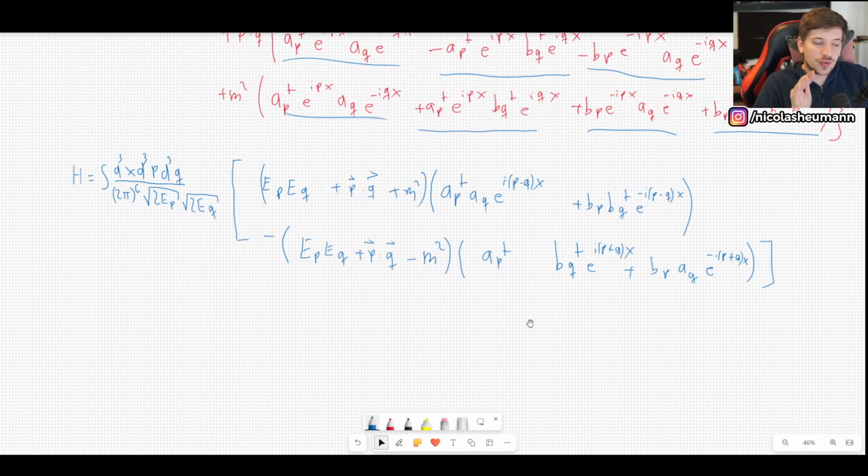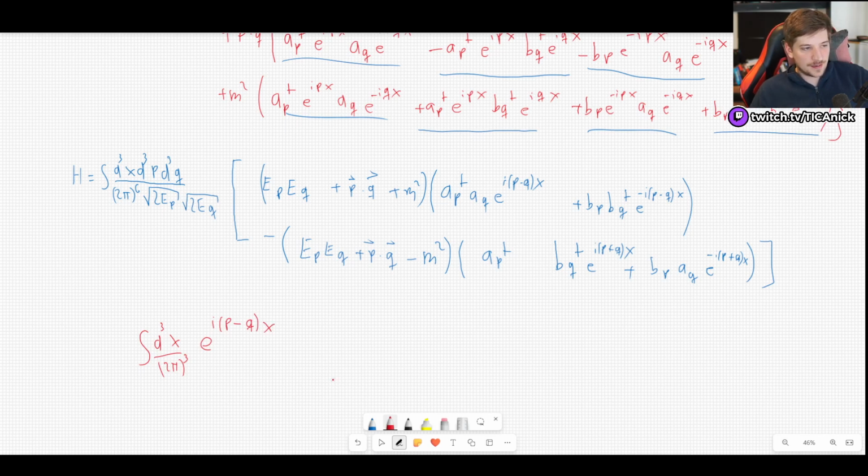and this is a massively important thing for you to remember and to know. We have out here the integral d3x over 2 pi cubed of e to the i, and well, we have two different things, but let me just use this as an example, (p minus q)x. What is this thing, my dear viewer, dear learner, dear member of the Nick Heumann University?